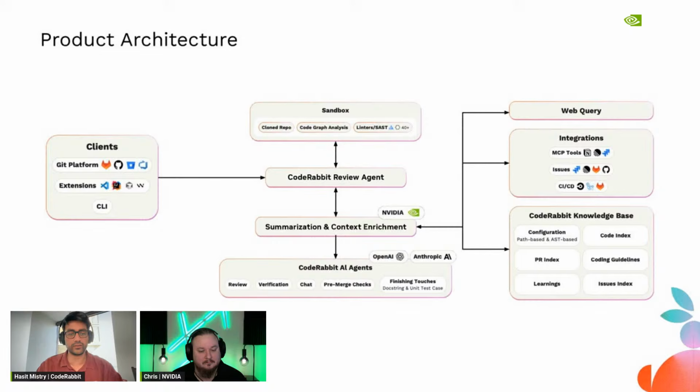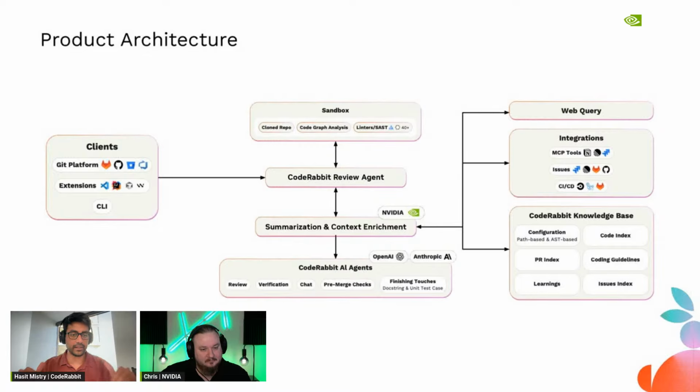Every review gets its own sandbox, so it has limited access to the network. Every command that is run inside is sanitized and run in a safe environment. We also clone your repo so that we understand more than just the diff. We go way beyond just the diff of the changes. So that is the upper part of the diagram.